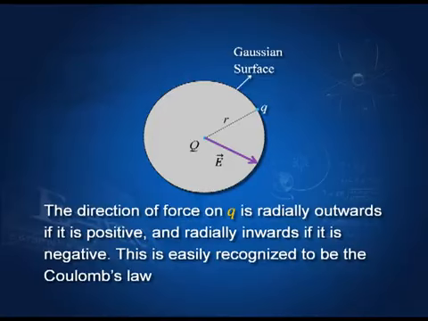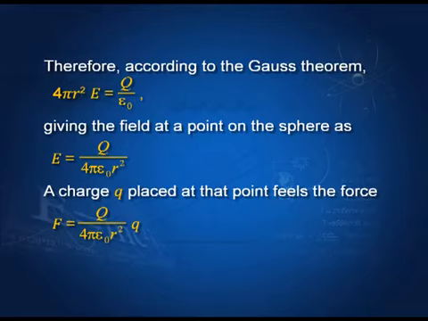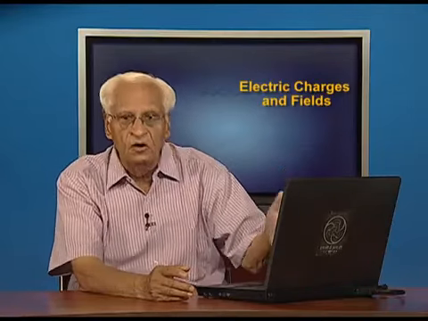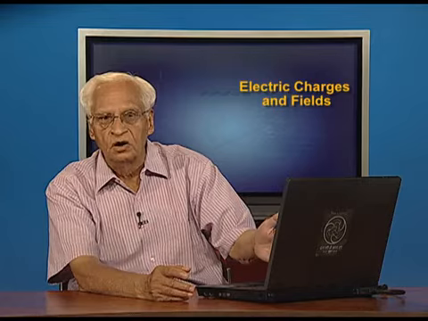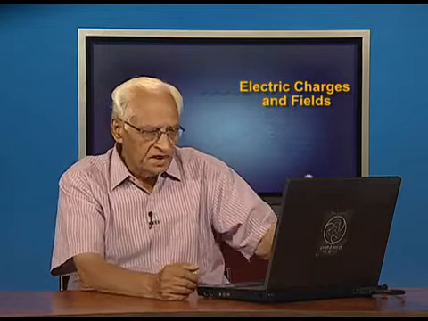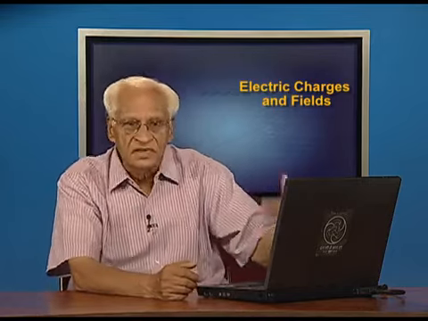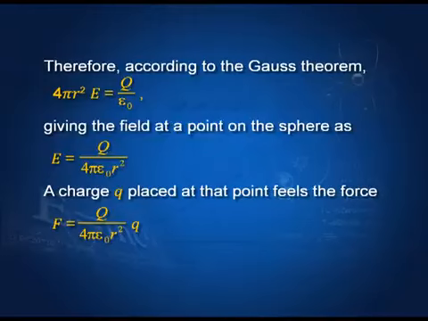And the direction, since both the charges are positive, there will be a force of repulsion, and therefore Coulomb's law says that the force of repulsion would be Q q by 4 pi epsilon 0 r squared. So, we have derived Coulomb's law from Gauss theorem. It can be done the other way around also. In fact, as I said earlier, Gauss theorem is a consequence of the fact that force varies as 1 by r squared as mandated by Coulomb's law.